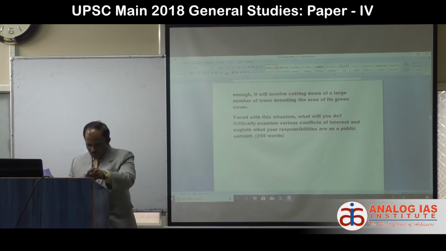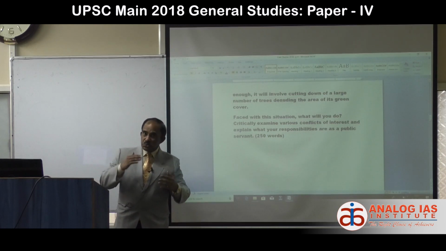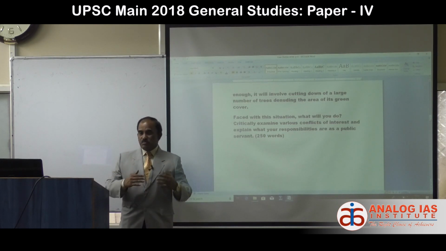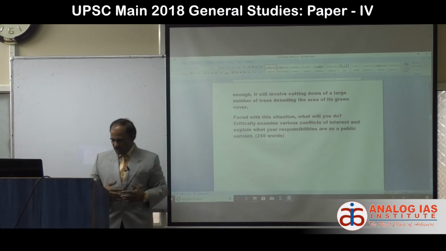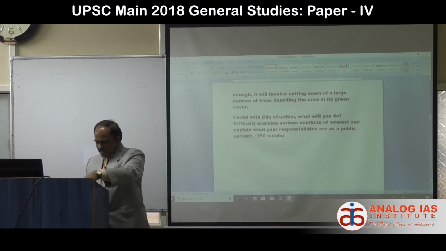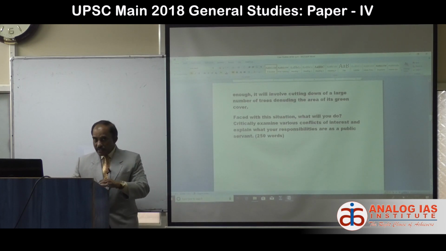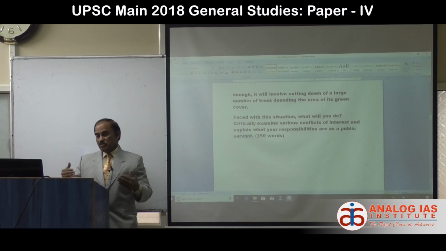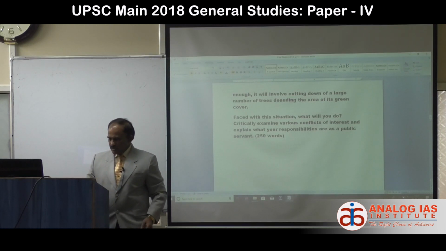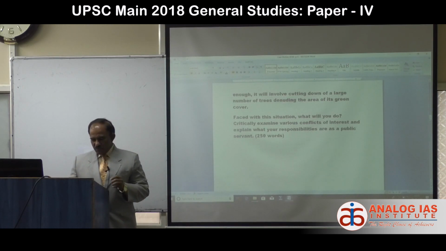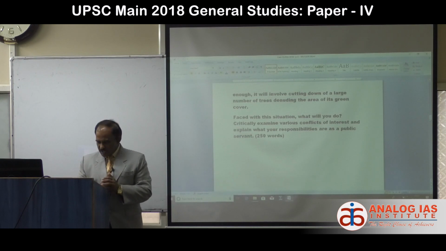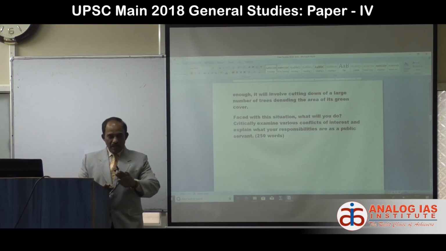So these are very important aspects, but more importantly, the social concern, the social responsibility which he has. So if he heeds the advice of the minister, then financial loss will be there to the government, and agriculture will be hampered.